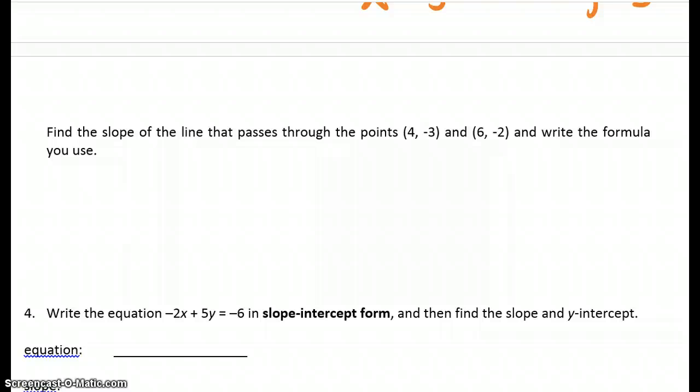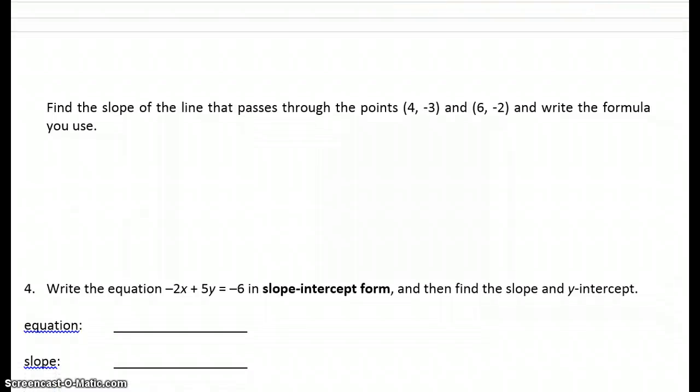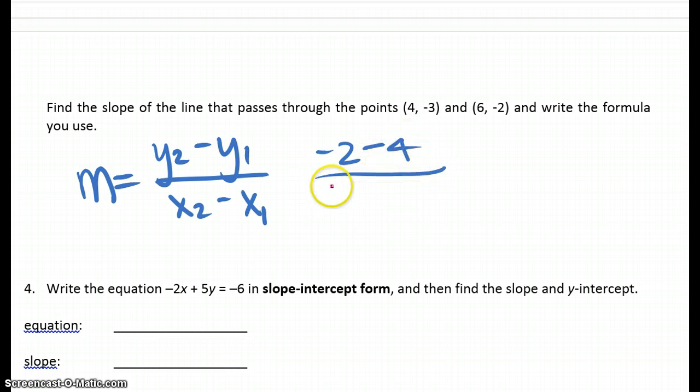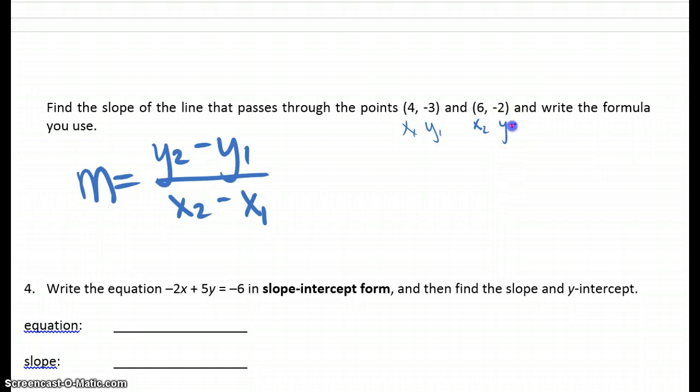Number 3, find the slope of the line that passes through the points 4, negative 3, and 6, negative 2, and write the formula you use. The formula for slope, once again, I will give these to you, is m equals y2 minus y1 over x2 minus x1. Let me label my points: x1, y1, x2, y2.